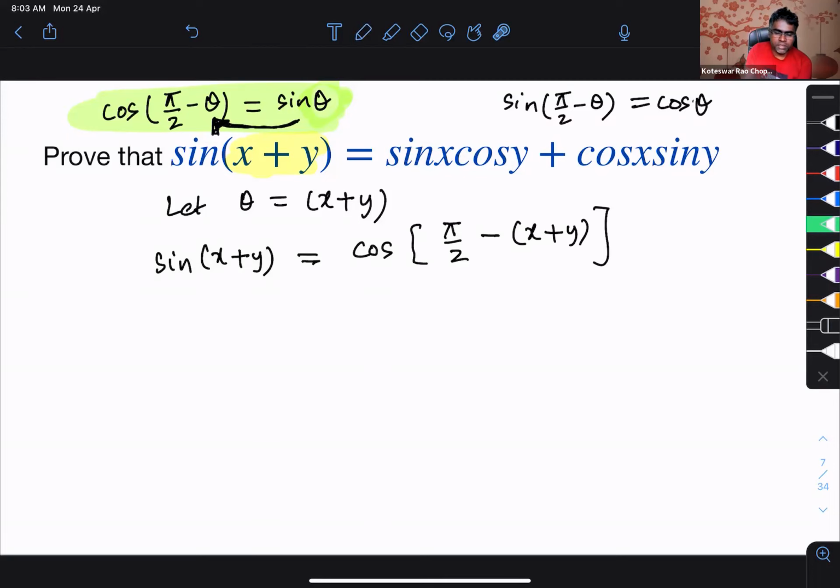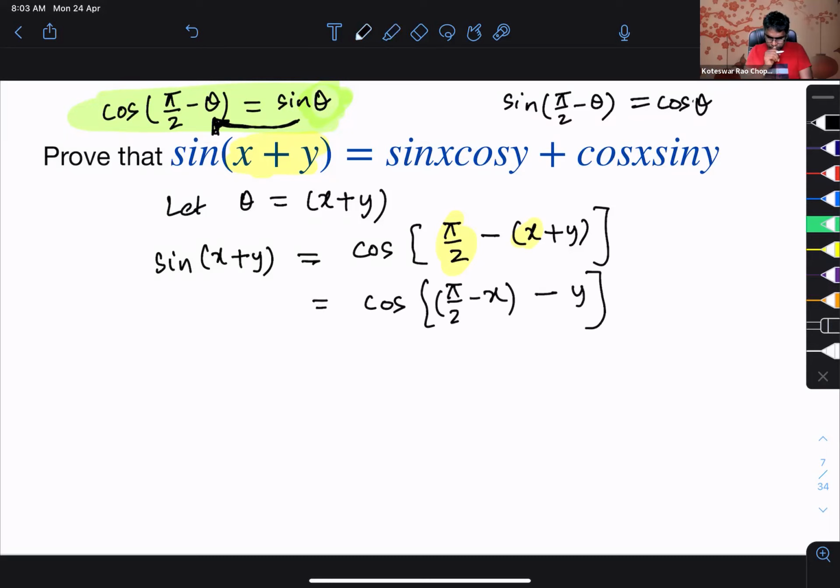So we can combine these two. Pi by 2 and x we are bringing together, or you can alternatively use pi by 2 and y, it doesn't matter. So here I have cos of pi by 2 minus x, and minus y. Now again, you could have taken pi by 2 minus y minus x, doesn't matter.